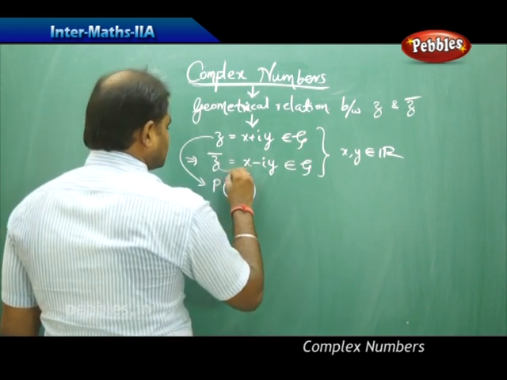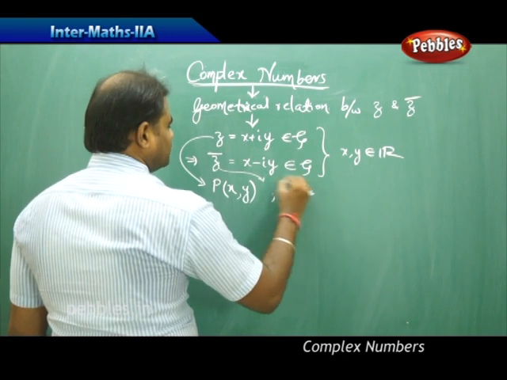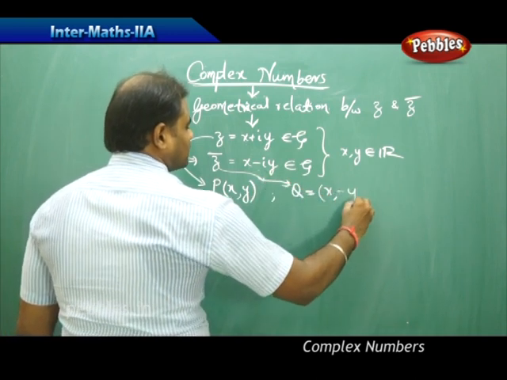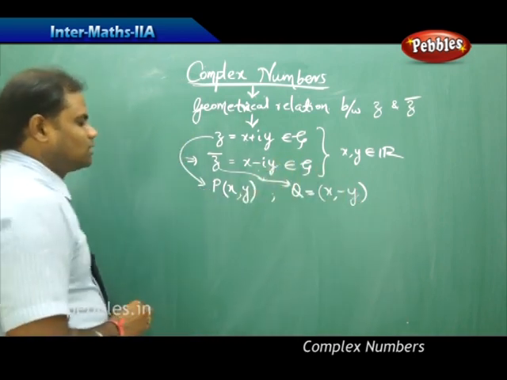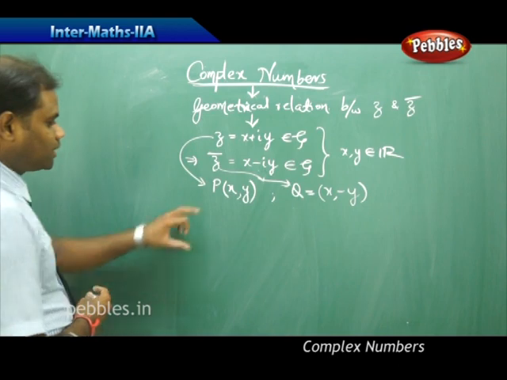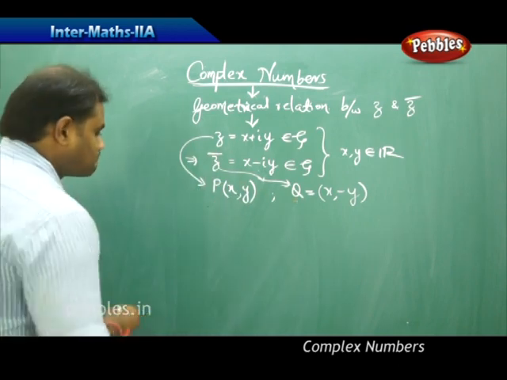Now for z conjugate, here I have Q, which is represented with its real part and imaginary part. Now I'll be plotting these two points in an Argand plane, where P corresponds to z and Q corresponds to z bar.